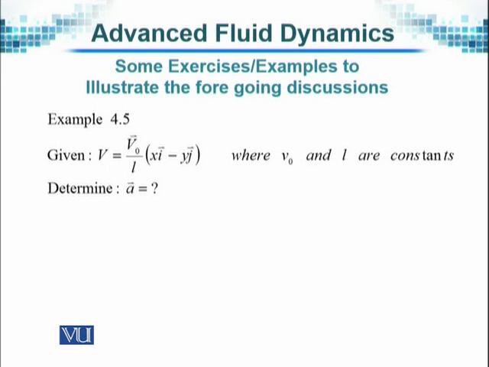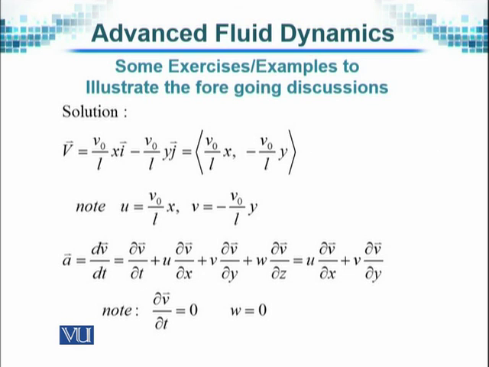As you know, velocity is a vector quantity and acceleration is also a vector quantity, and that is why you see these arrowheads. Sometimes the vector quantities are shown by underlining them or by showing an arrow on top of the letters. Trying to form a solution, the velocity will be equal to V naught over L into x i minus V naught over L into y j.